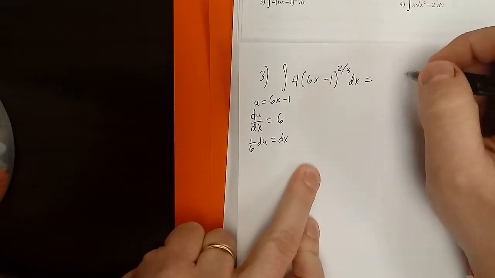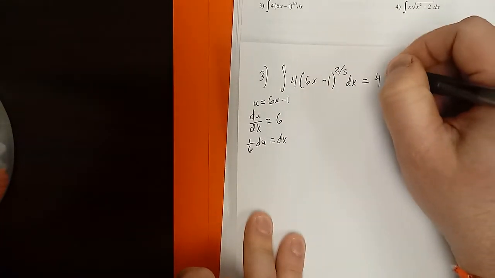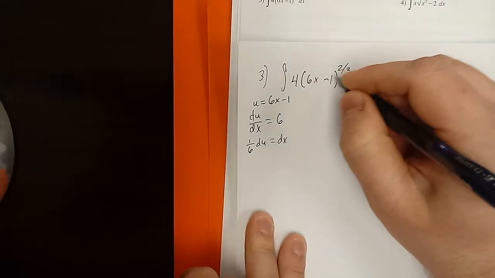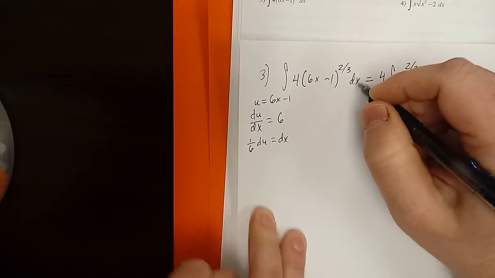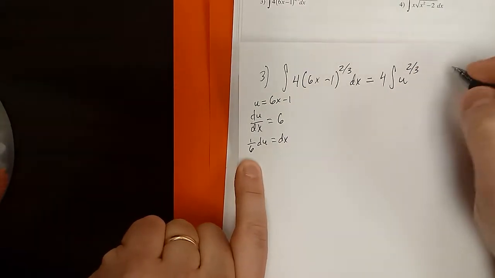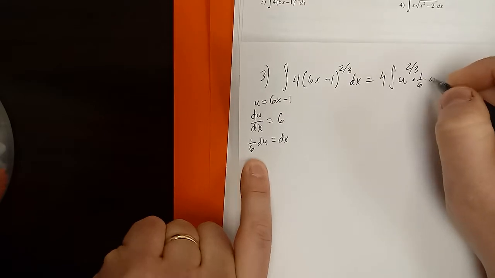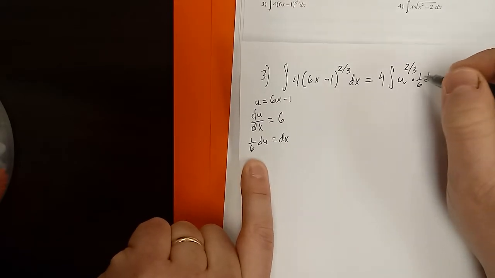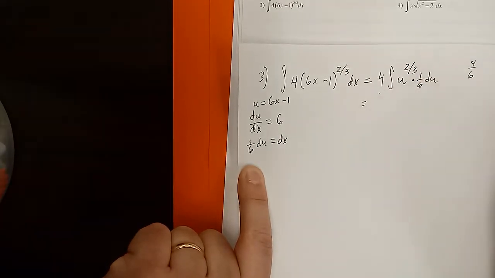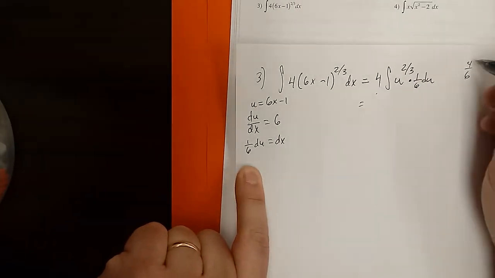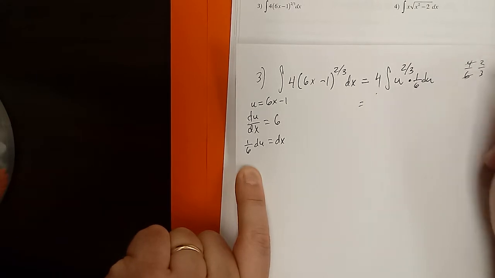So then when we go in here and we substitute, I can pull the 4 out front. I can also rewrite 6x minus 1 as a u to the 2/3, and then dx we can replace with 1/6 du. So I'll bring the 1/6 out front, and it's 4 over 6. All right, 4 over 6 is both divisible by 2, so we get 2/3.